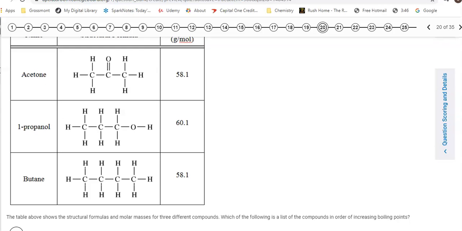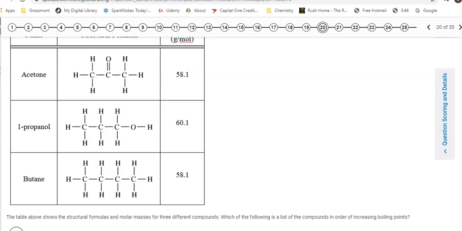Okay, so butane is going to have the weakest intermolecular forces because it's a pure hydrocarbon, purely symmetrical, only has London dispersion. The acetone, the one at the top, has an oxygen thrown in there. That means it's going to be polar. Because oxygen is highly electronegative, it's going to tend to pull the electrons in the whole molecule kind of towards it. Not all the way, but kind of in its direction.